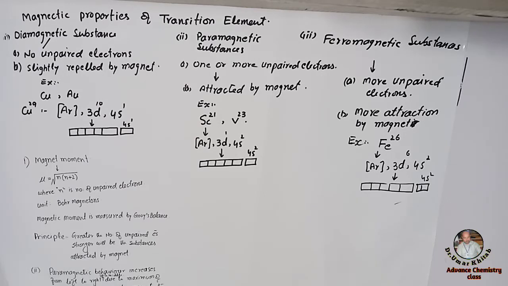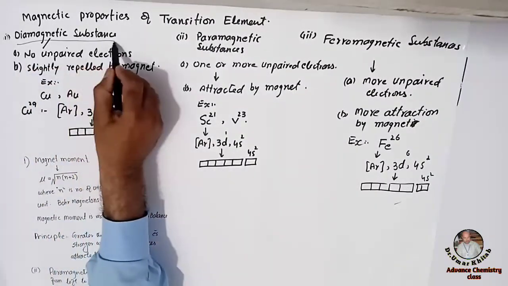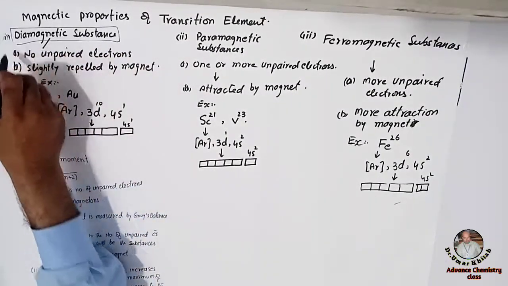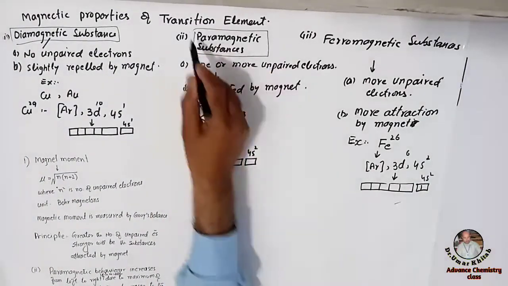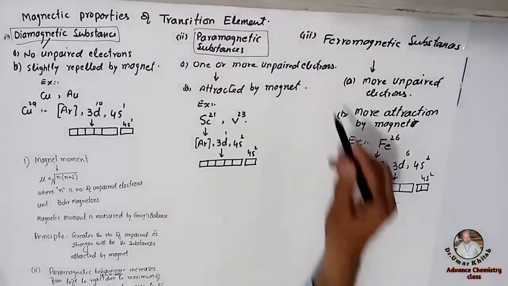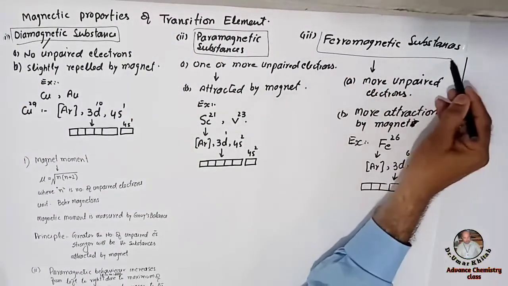You may say d subshells. Substances have been categorized in three categories. Number first one is diamagnetic substances. Number second one is paramagnetic substances, and number third one is ferromagnetic substances.